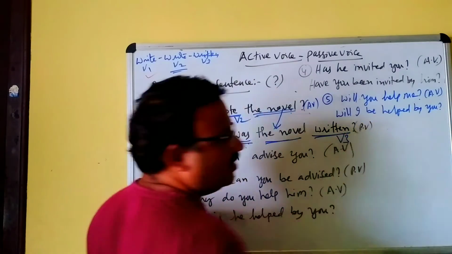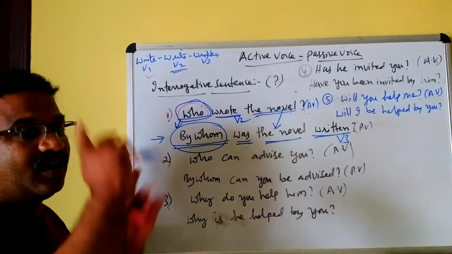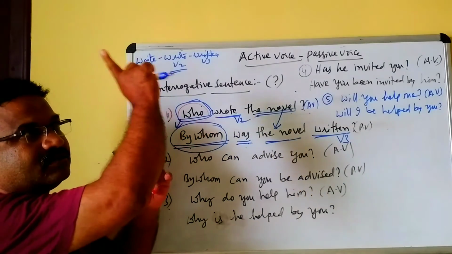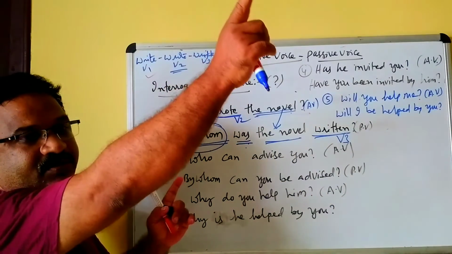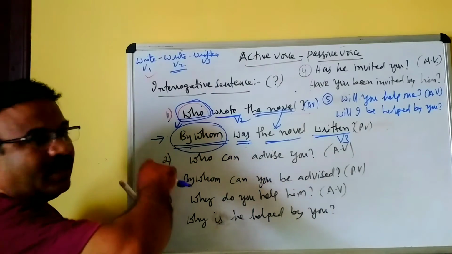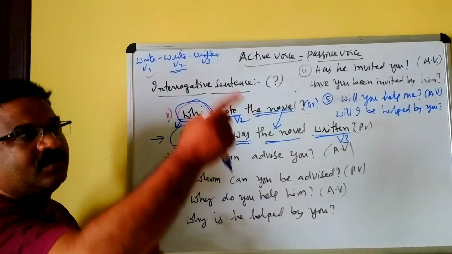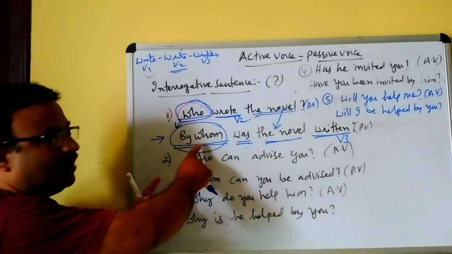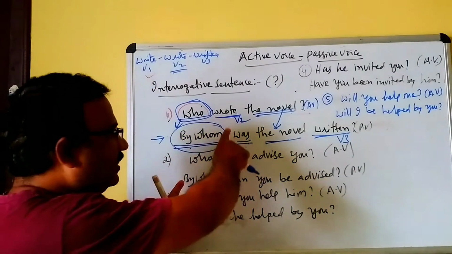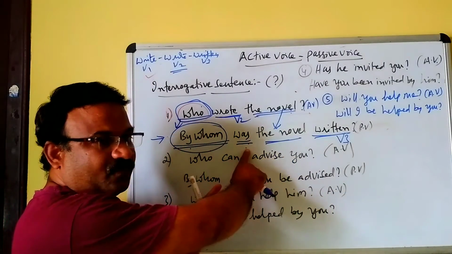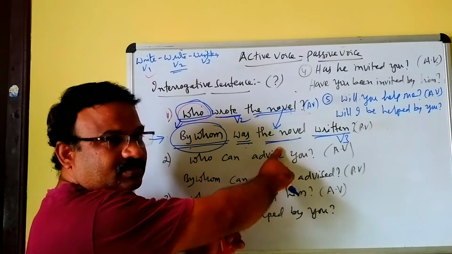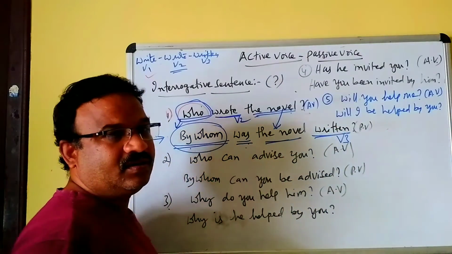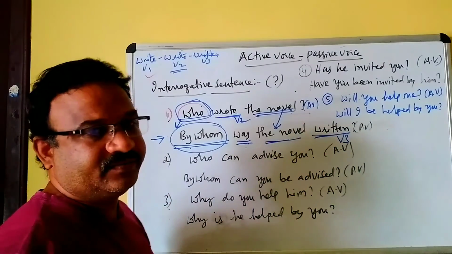V3. Okay. For a normal sentence, subject, verb, object. But here it is different. First by whom, and was the be form verb, and then the subject, and then V3.